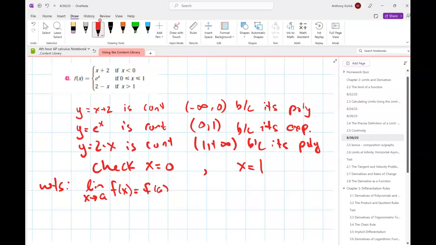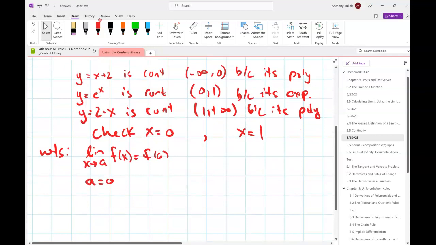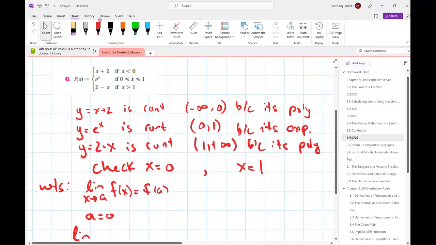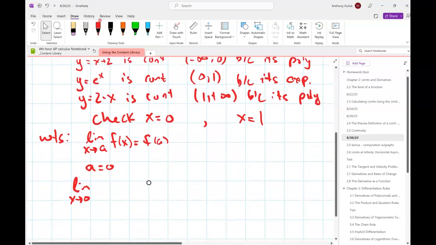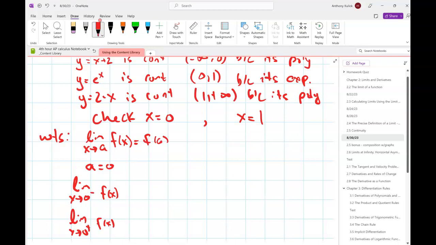So let's start with 0 first. So to do the limit as x approaches 0, this is a piecewise function. So I'm going to have to look at what happens from the left and then also what's happening from the right and check to see that those are the same.